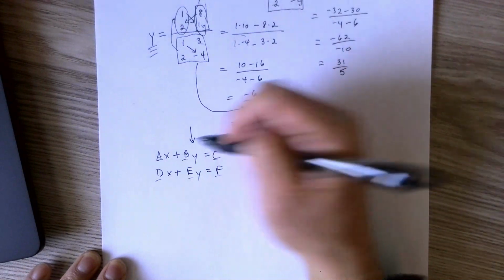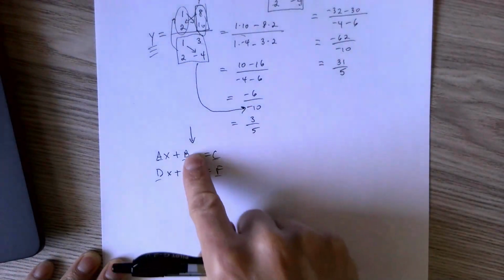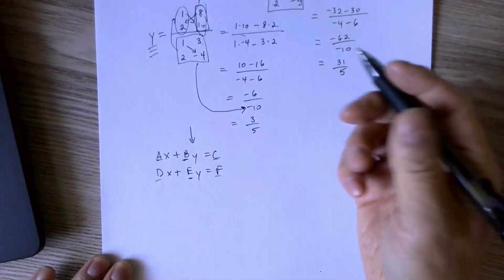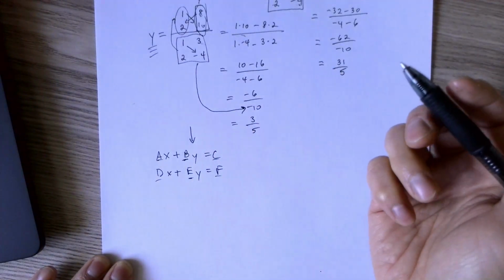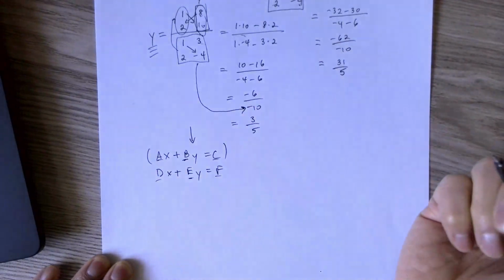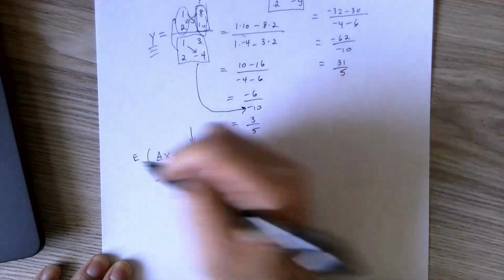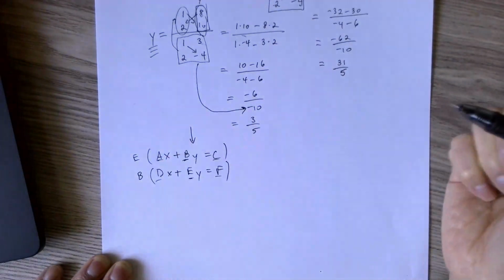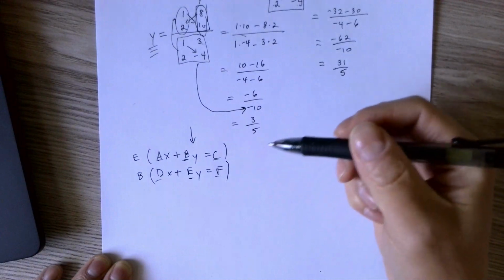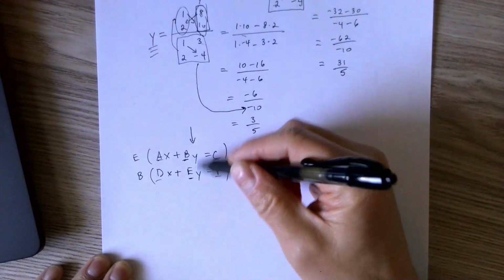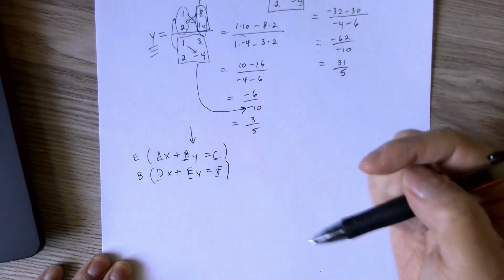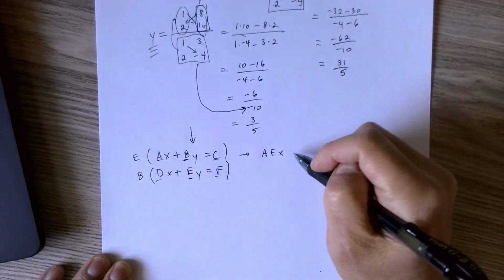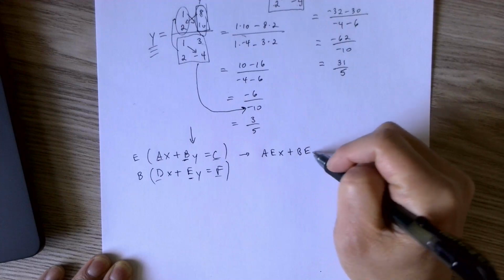So I'm going to eliminate, I choose to eliminate the y's, okay? Their coefficients are currently different, so I need to make them the same. I'm going to multiply the first equation by E and the second equation by B. And I'm going to do that because my new coefficients for the y terms are then going to be identical. So I'm distributing the E now.